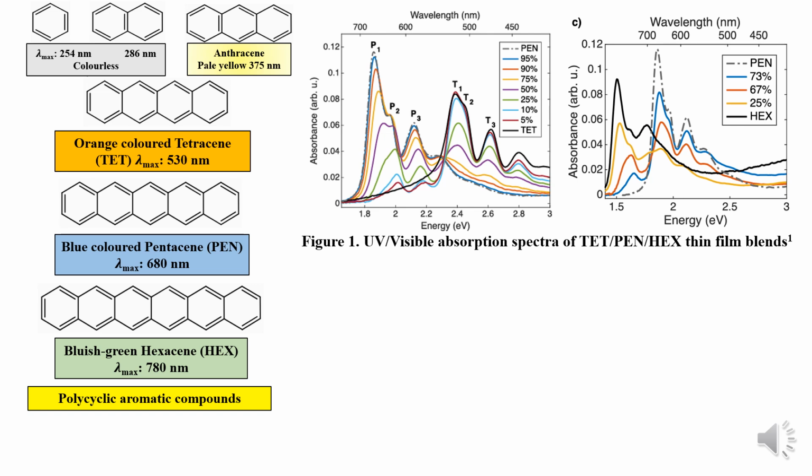And when you observe the graph C, you find that the lambda max for hexacene is around 780 nanometers. Now the absorption curve for hexacene is represented by a black curve, so the black curve in the graph C.